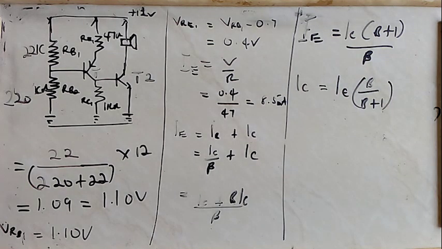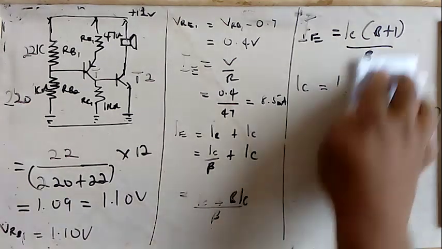So if you want more precision, use this to get the exact value of the collector current. But I want to rely on the assumption that our base current is so small, so collector current and emitter current are equal under this circumstance. So I'll not be deploying this maths.